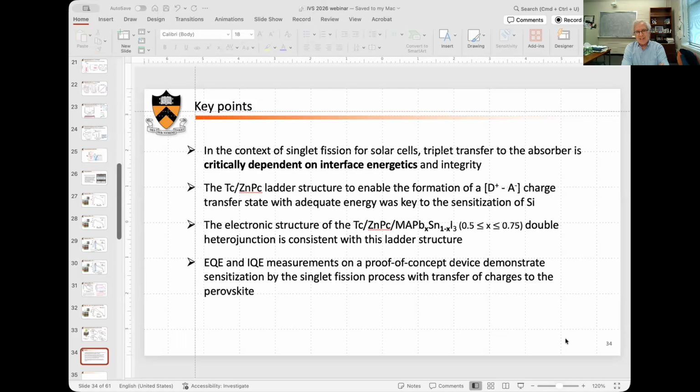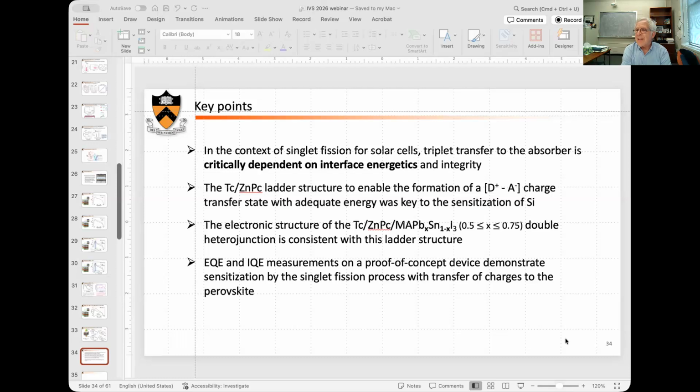Sure, it adds a little bit of complexity to the process of preserving the stability and so on. I'm not sure that the tetrazine zinc PC is less stable than the perovskite itself. But that's what I can tell you at this point.